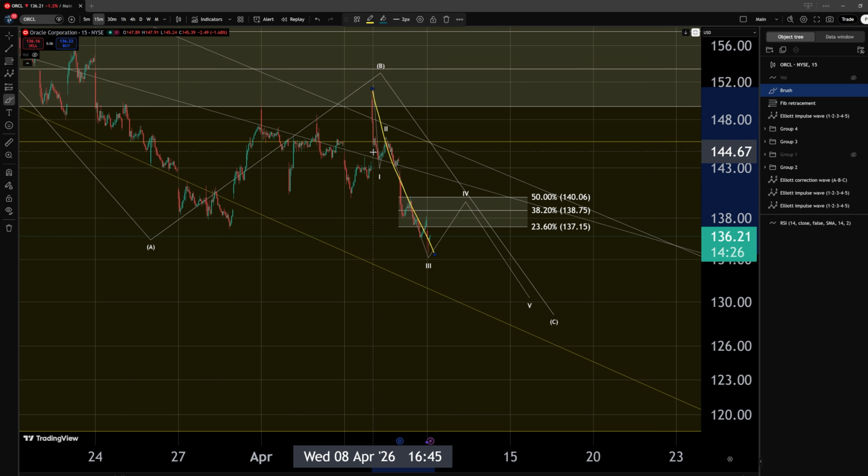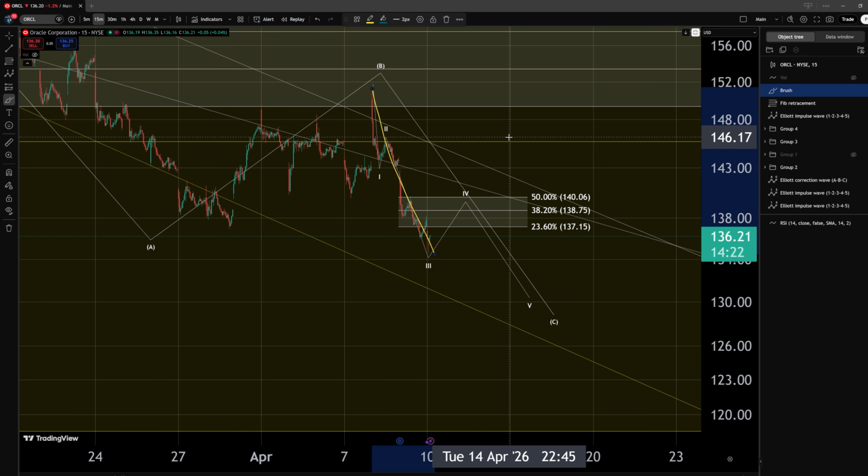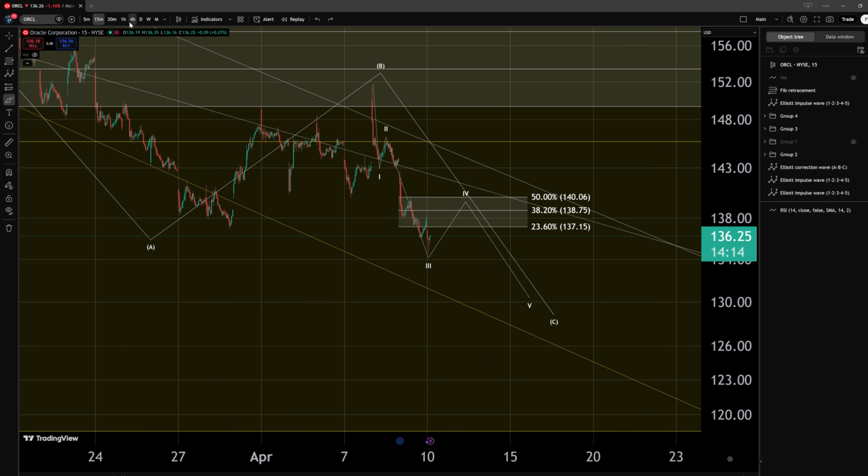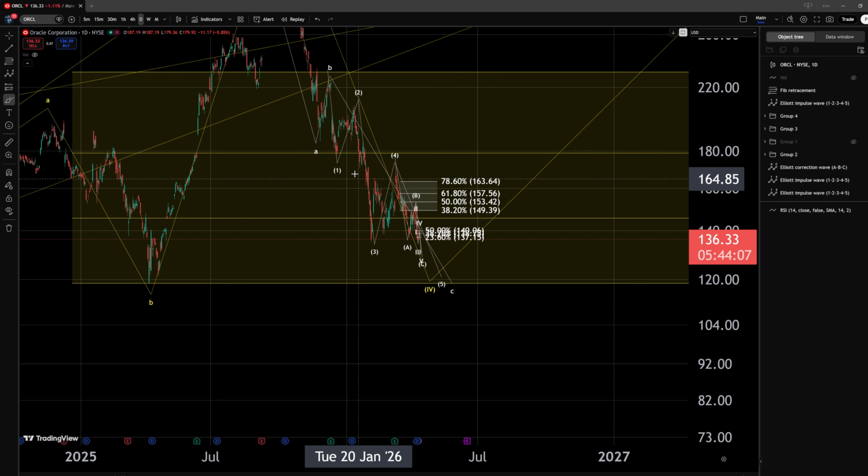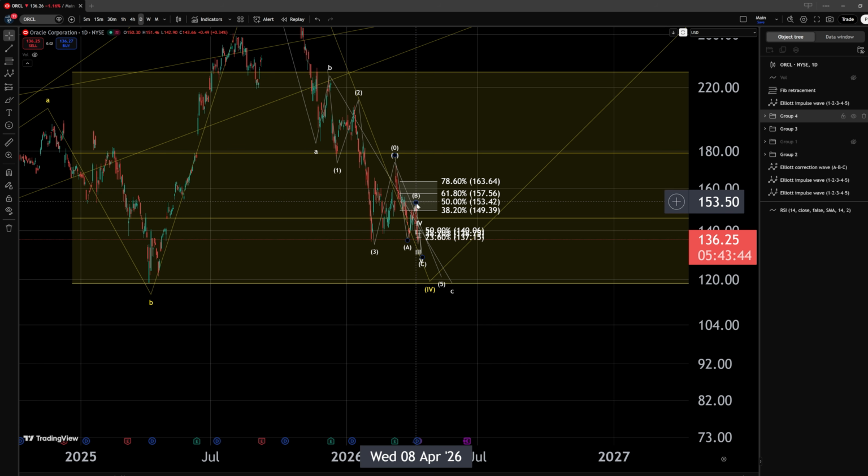And to be honest, if we get that break, I wouldn't really even trust this as a wave C. I would start looking for some other potential structures, some other potential patterns in this area. But ultimately, what I'm trying to point at is the fact that we might not actually see the ideal target for the overall wave C reached within this structure, right? This is what is being suggested by the internal structure in the wave C in this area.